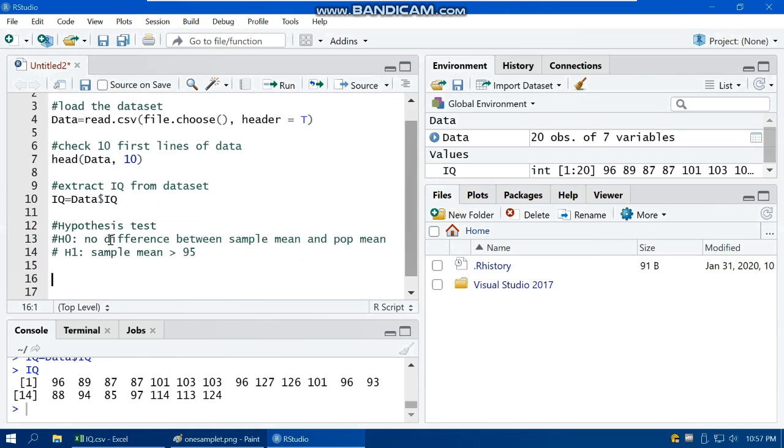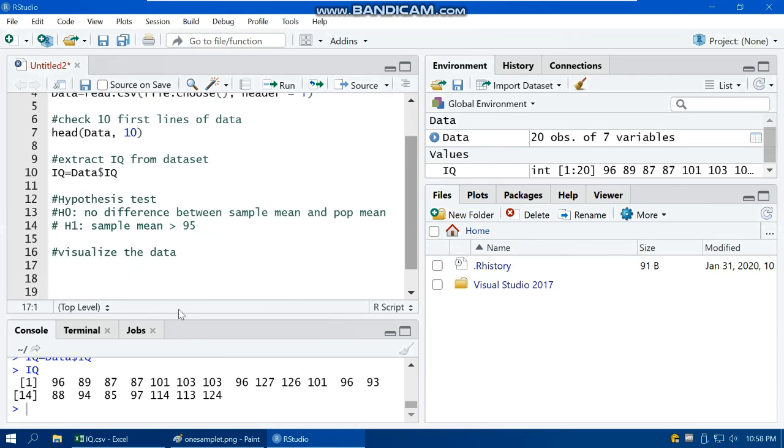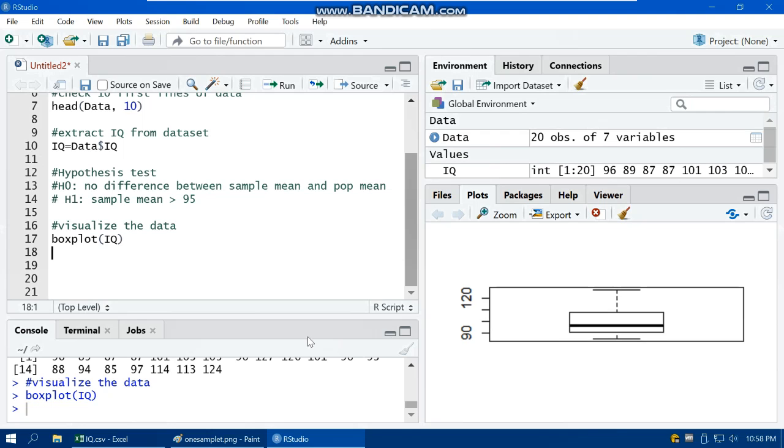The first step is to visualize the data using a box plot. So visualize the data using the box plot command for IQ. I can create it, but let's make it a little bit nicer.